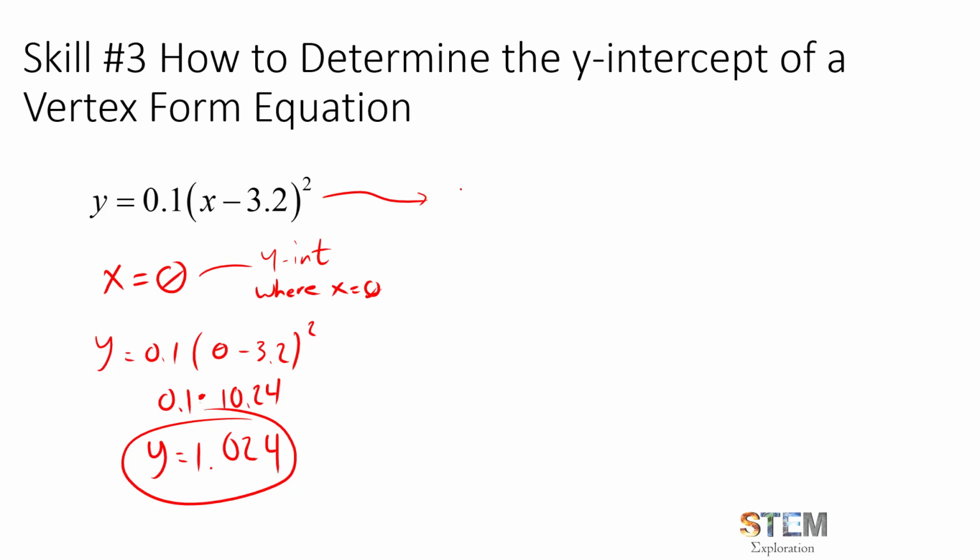The other method that you could use is either graphing to see where it physically crosses the y-intercept, or you could actually solve the equation in standard form. And so this is just done by saying x minus 3.2 times x minus 3.2.